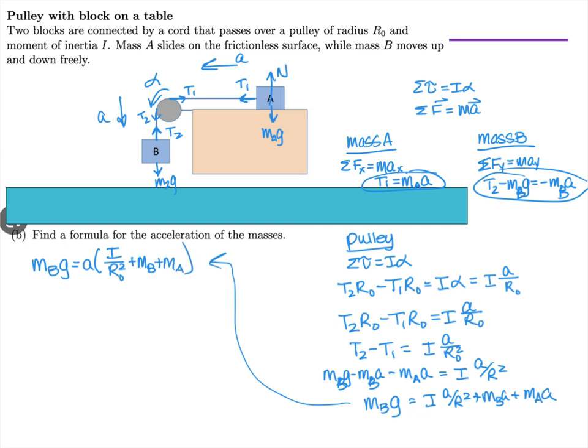And then I can divide by the quantity that's in the parentheses. And that's my expression for acceleration.